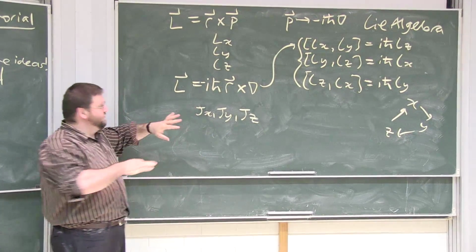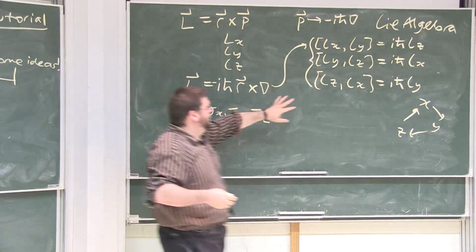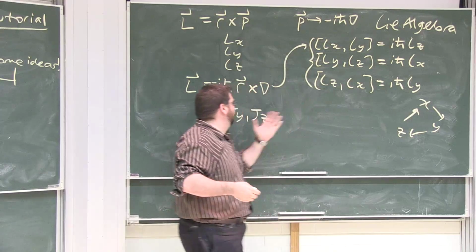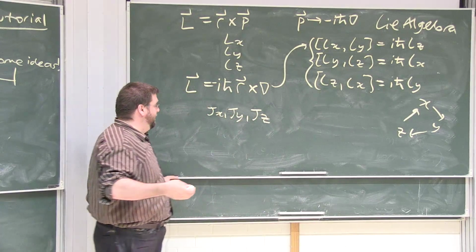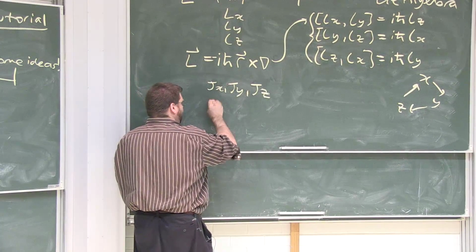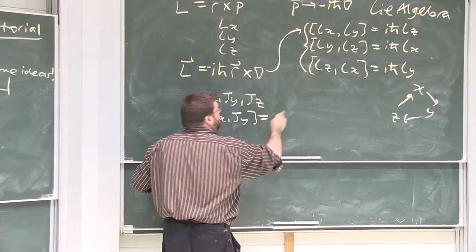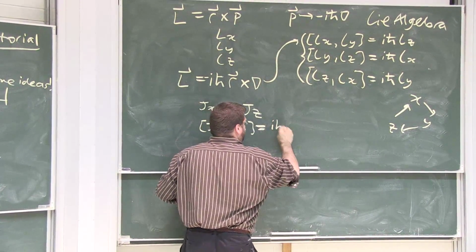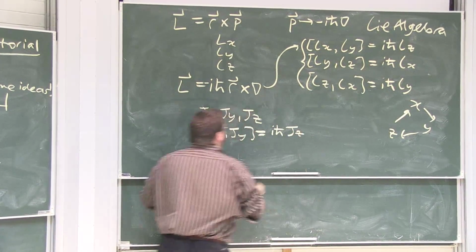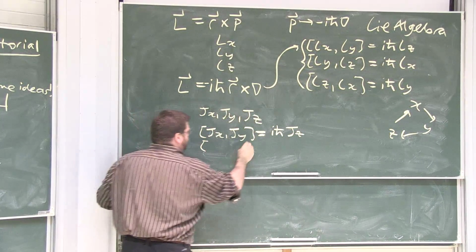We're now generalising from this algebra for orbital angular momentum to general angular momentum. We say that if you have Hermitian operators Jx, Jy, and Jz that obey precisely this Lie algebra, with the L's replaced with J's.